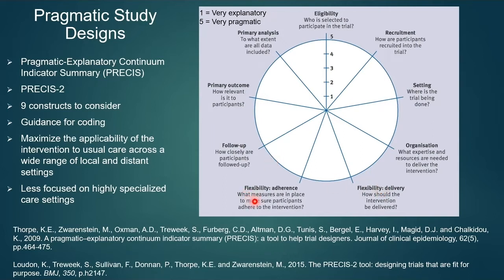Similarly, flexibility in adherence and adherence monitoring, whether the measures are in place. A very pragmatic trial might use standard records, whereas a very explanatory trial might take blood measurements to ensure that trial participants have sufficient levels of the drug, for example, tenofovir in a PrEP trial, in the participants' blood at various time points along the trial. Follow-up: how closely are participants followed up?